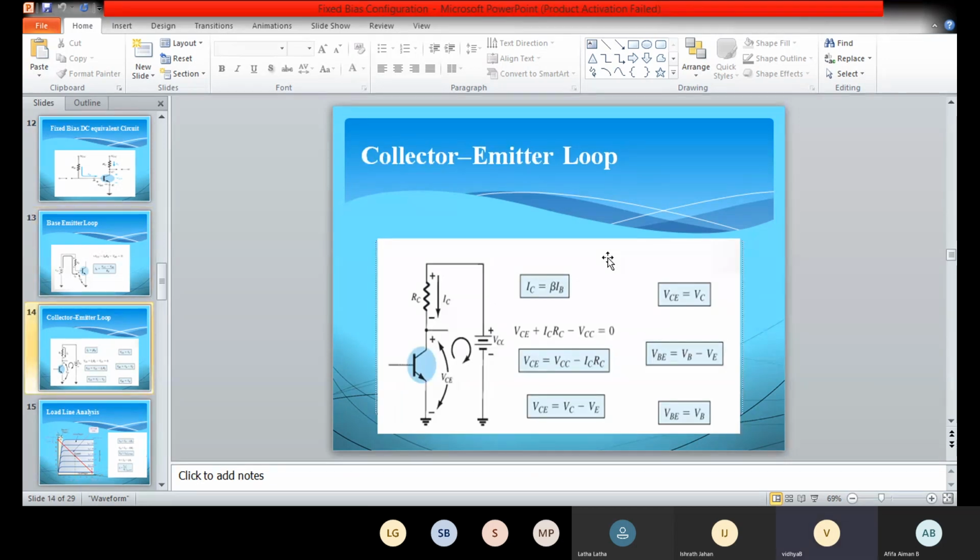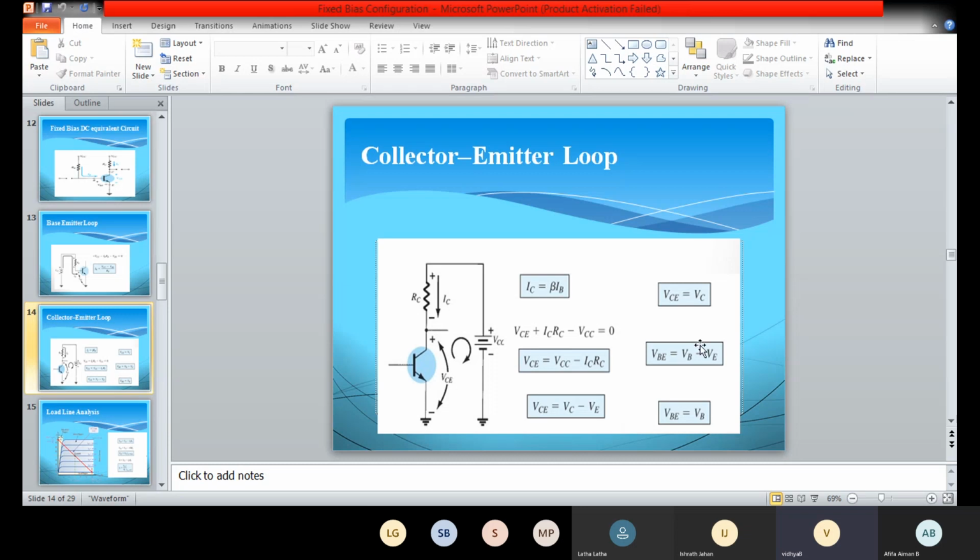Next, the collector emitter loop. From fixed bias, we consider only the collector and emitter. You can observe at the collector one resistance is connected. For the emitter there is no resistance. From the collector emitter loop we will find VCE.